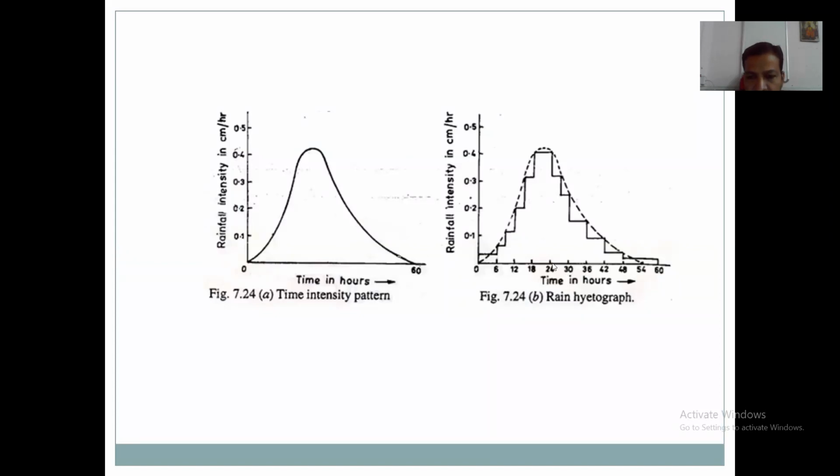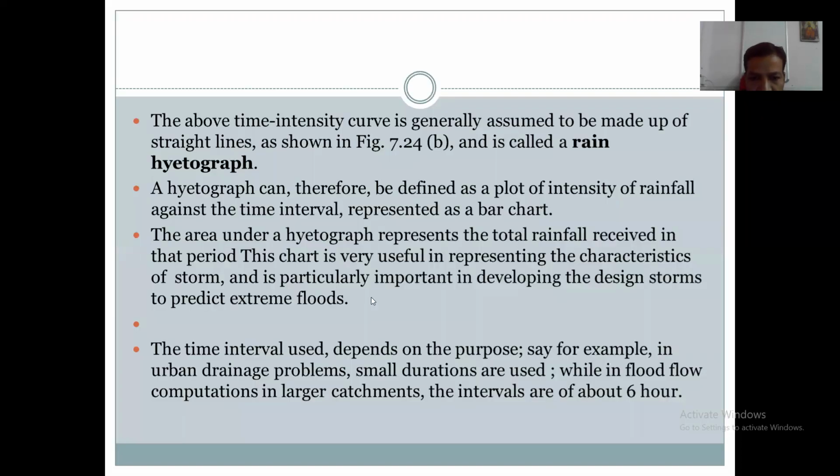For per hour, how much the intensity of rainfall is there. The graph between rainfall intensity and time in hours gives the rain hyetograph. So that is represented as a bar chart.